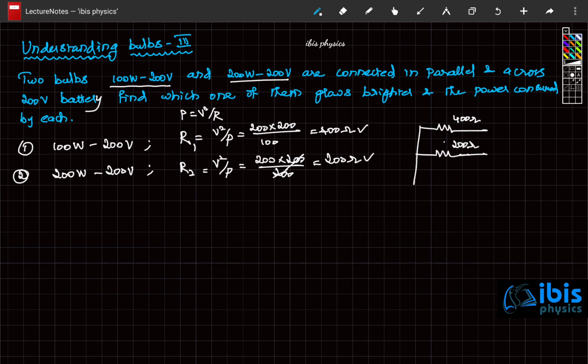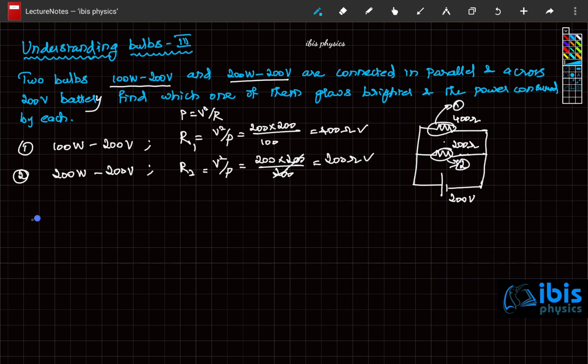Both are connected in parallel and connected across which battery? 200 volt battery. So now what is the power consumed by the first bulb? This is the first one and this is the second one. And which one glows brighter? Let's try to understand. The voltage across each of the bulbs is the same, and hence let us use this method.